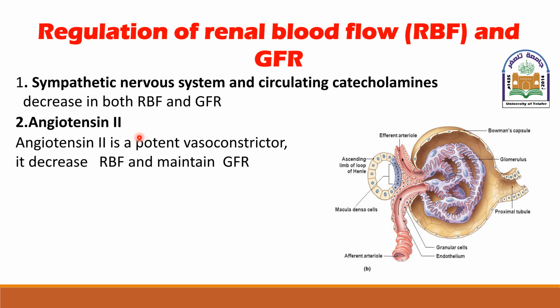In small and moderate doses, angiotensin 2 causes more vasoconstriction in the efferent than in the afferent arterioles, leading to decreased renal blood flow but maintaining GFR.